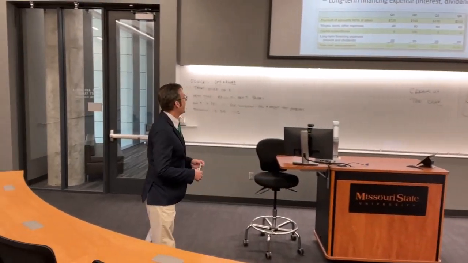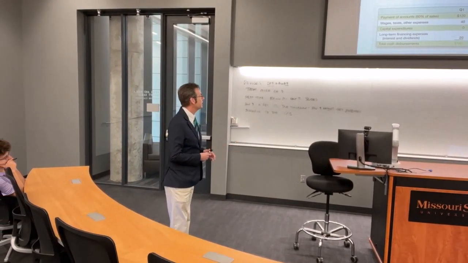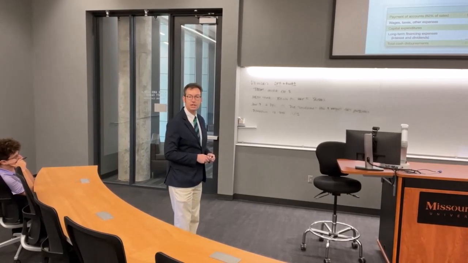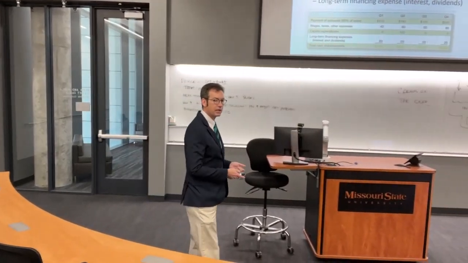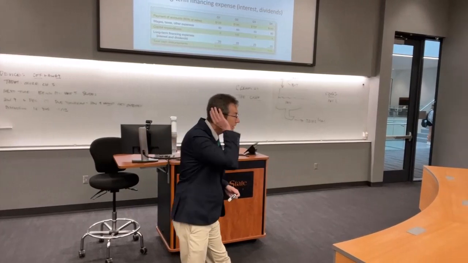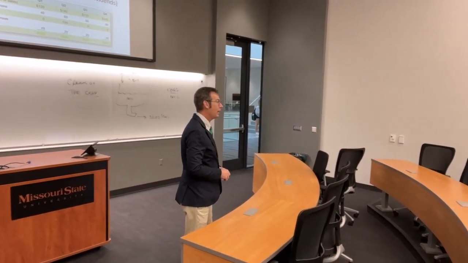So, how can we figure this out? Well, they tell us basically that our accounts payable is 60% of sales. Why would accounts payable be a percentage of sales? Say again. That's how you calculate it. That's how you calculate it, yes. Well, why?